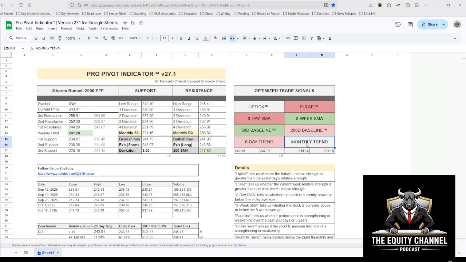So this first trigger here lets you know that you're within a half a standard deviation of your 8-day high or your 8-day low.